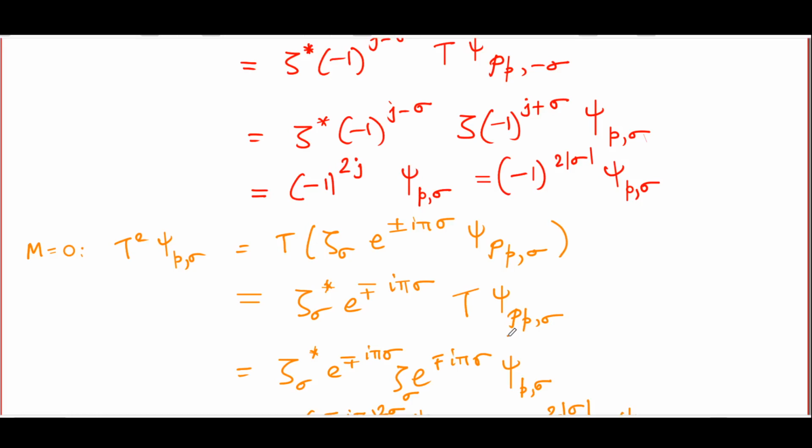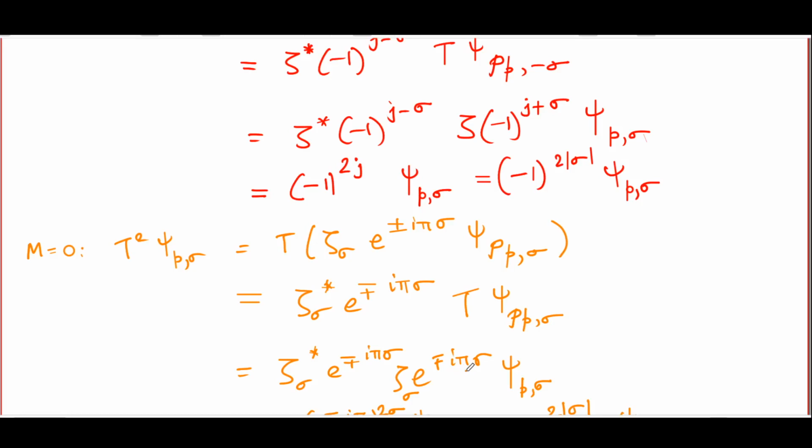So if your original p y were positive, now in curly p p the p y is negative and vice versa, which is why you have a flipped sign here. Whereas you had e to the plus or minus i pi sigma here, depending on whether p y were positive or negative, here you would get e to the minus plus i pi sigma.